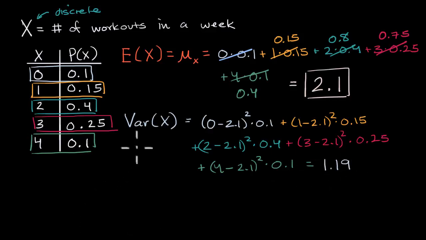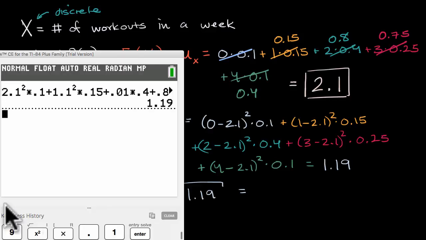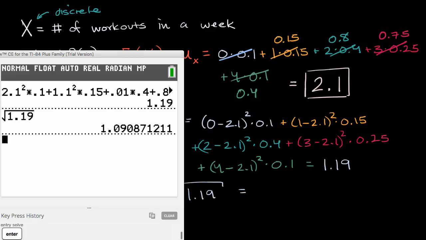And if we want to get the standard deviation for this random variable, and we would denote that with the Greek letter sigma, the standard deviation for the random variable x is going to be equal to the square root of the variance, the square root of 1.19, which is, let's just get the calculator back here. So we are just going to take the square root of 1.19, and that gives us approximately 1.09.